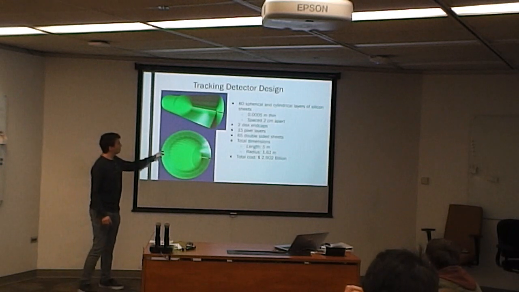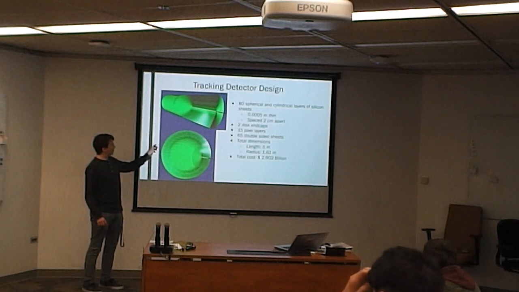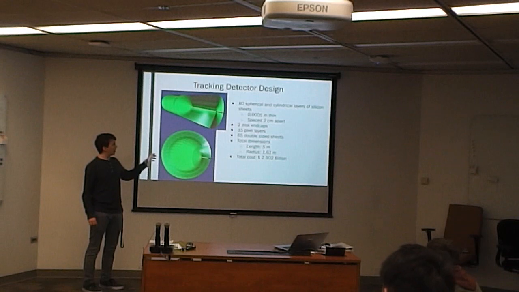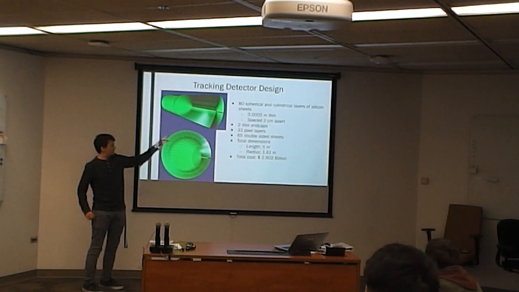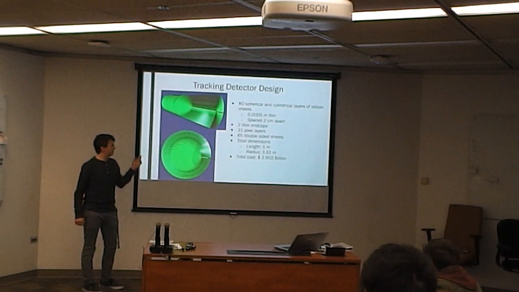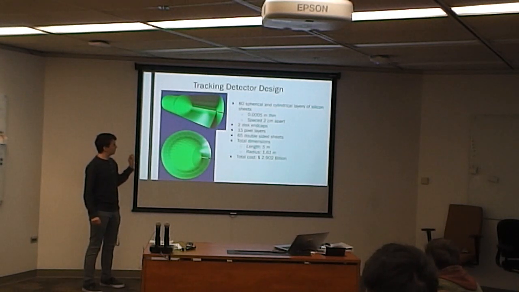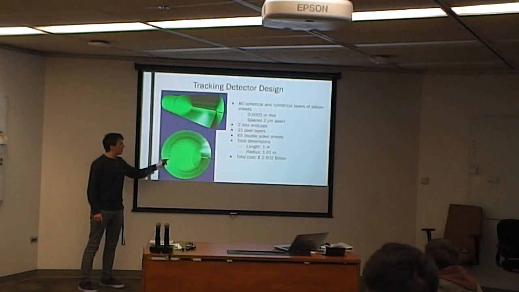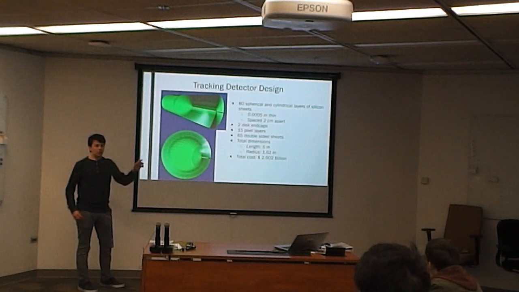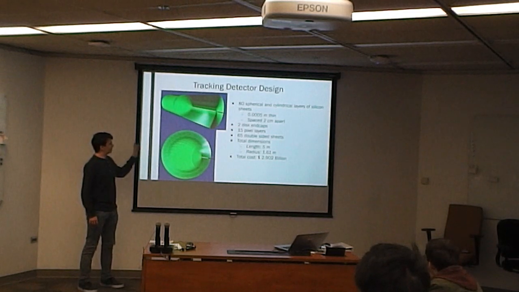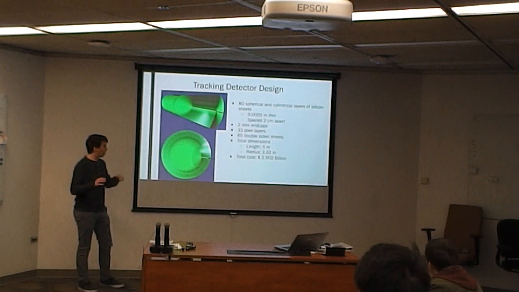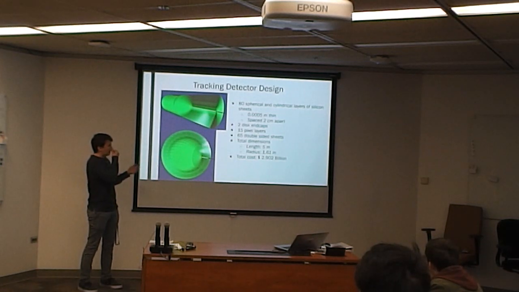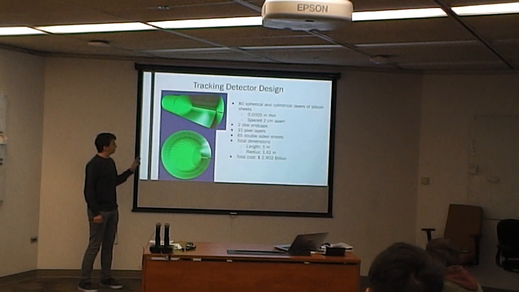In the sphere, it has a total of 80 layers of silicon sheets that are 0.0005 meters thin. They're each spaced 2 centimeters apart. The first 15 layers of this sphere are the pixel sheets, and then the next 65 are double-sided, and we figured that out just looking at our cost. That's what worked out well for us.